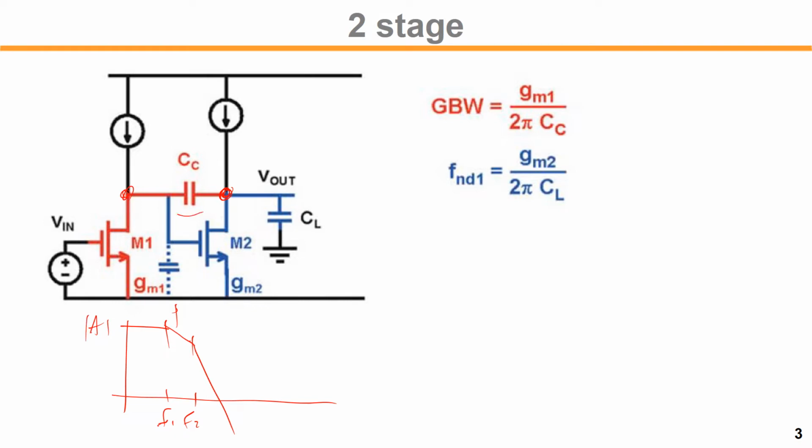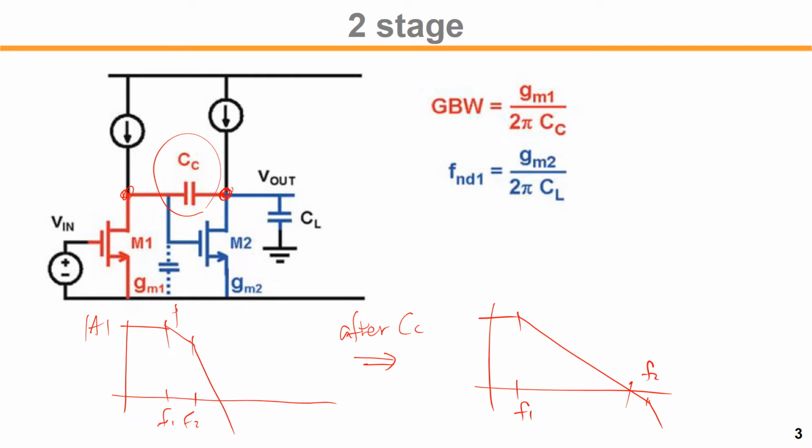So by adding CC, we split F1 and F2. FU is defined by GM1 over 2 pi CC, and F2 is what? The GM in F2, so the output pole location.